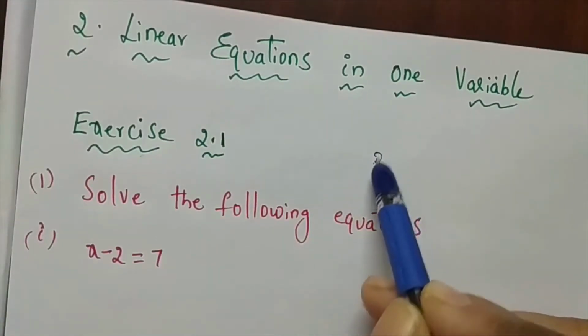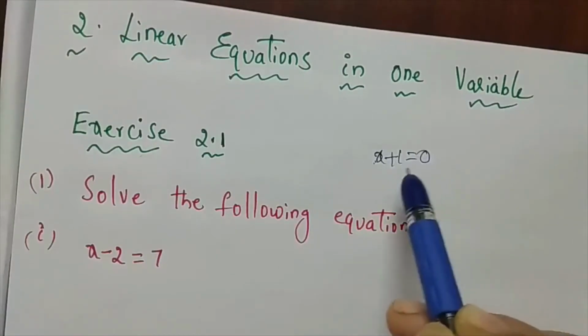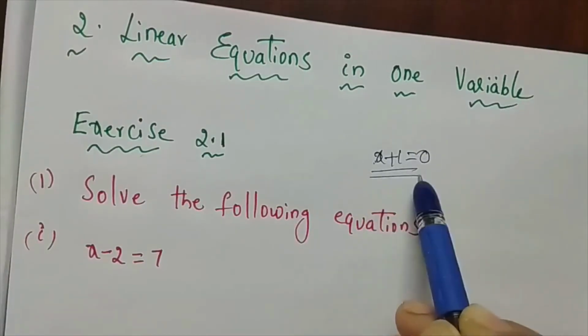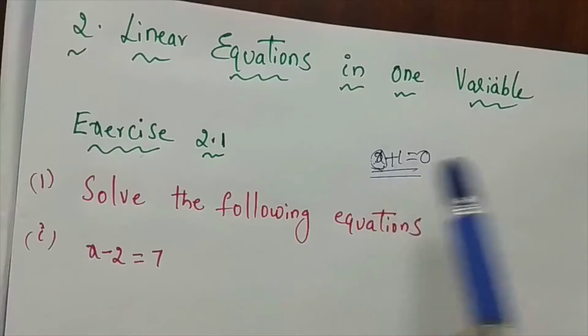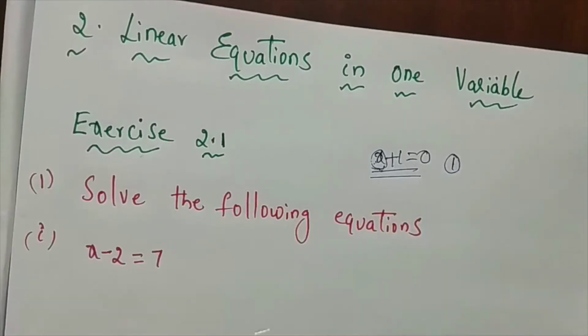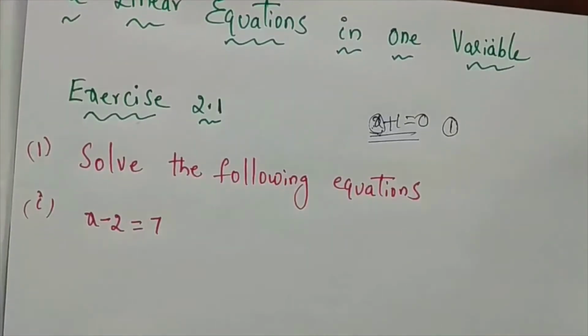For example, x plus 1 is equal to 0. This is a linear equation because the variable in this equation is x and the highest power of that x is 1. Okay. Now let's quickly move into exercise 1.1.